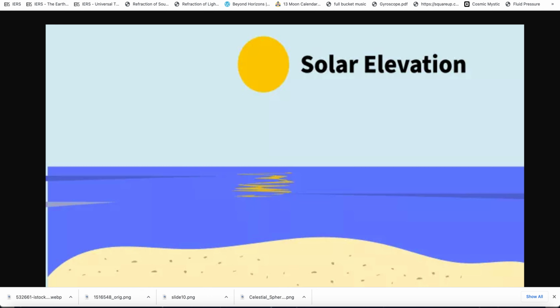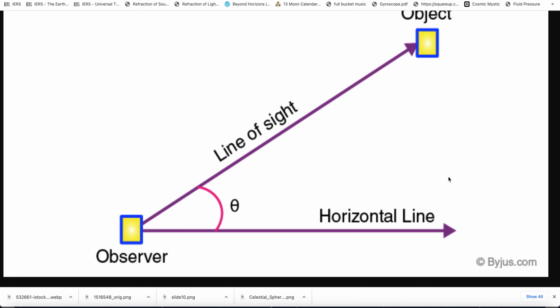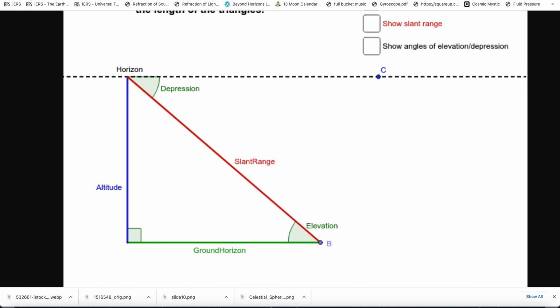So we just go to elevation angle: object, line of sight, observer, horizontal line. That's an elevation angle. This is what an elevation angle is, right? This is a depression angle. See, horizon, horizontal. Ground, horizon, horizontal.